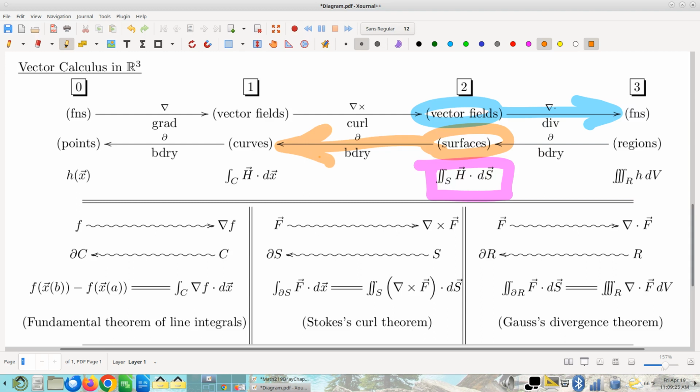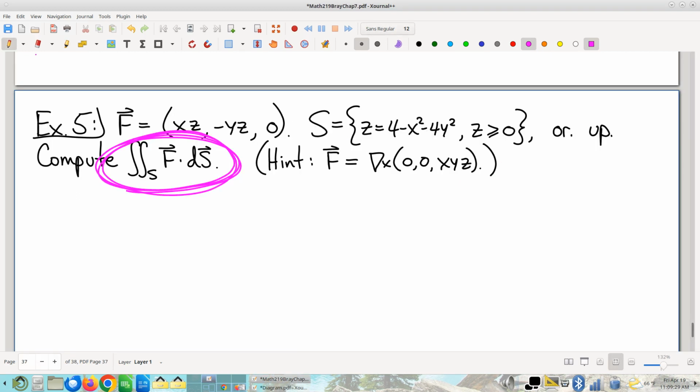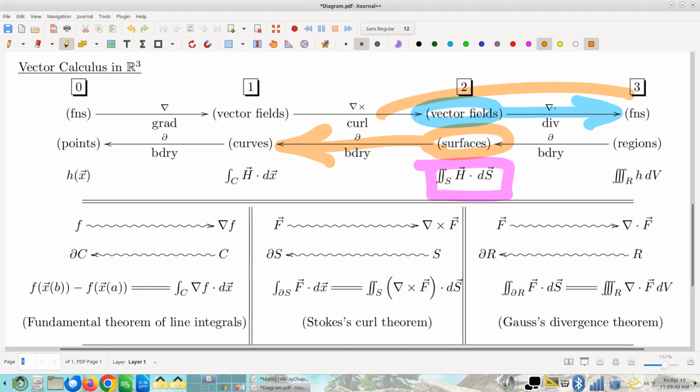Right? So, okay, fine. Let's go back to the thing here. We'll take our vector field and we'll compute the curl. Why did I say compute the curl? That doesn't make any sense. I wasn't following my own rules, was I? It says right here, the diagram tells me I should be looking at the divergence.